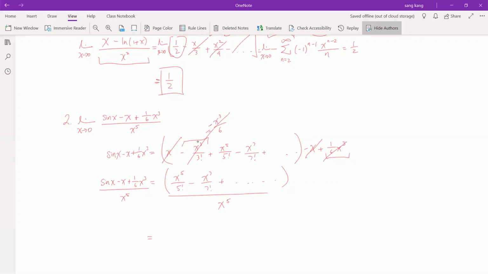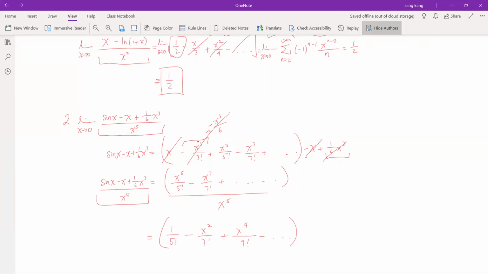And we'll be left with 1 over 5 factorial minus x squared over 7 factorial. The next one would have been plus, it was 9th, so x to the 4th over 9 factorial minus so on and so forth, right? And now this guy here is equivalent to this expression.